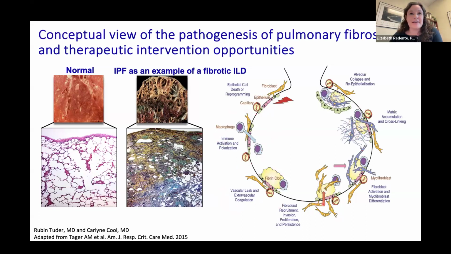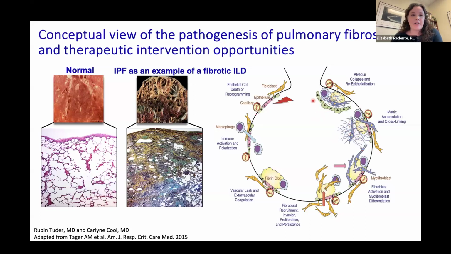There's recruitment and expansion of the fibroblast population, as well as transdifferentiation to myofibroblasts. These cells lay down matrix, and over time, if this becomes a feed-forward process, matrix continues to be deposited, it becomes matured and cross-linked, and eventually we end up with alveolar collapse and aberrant epithelial cell remodeling.